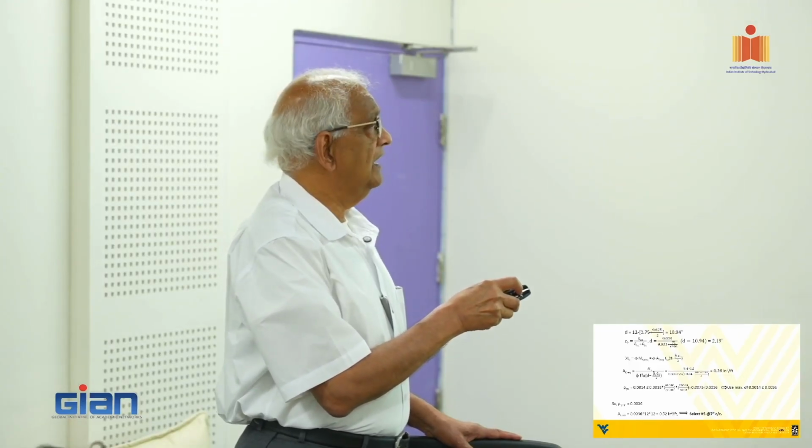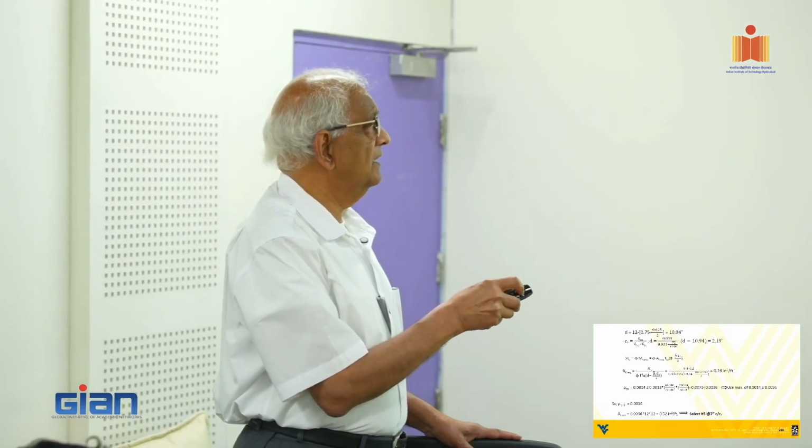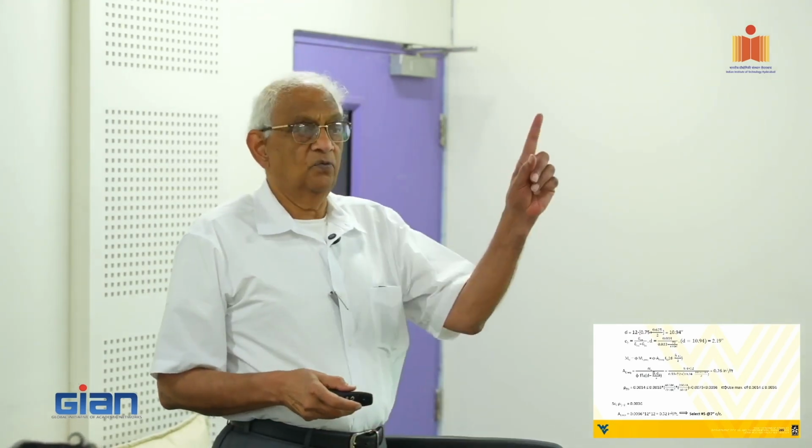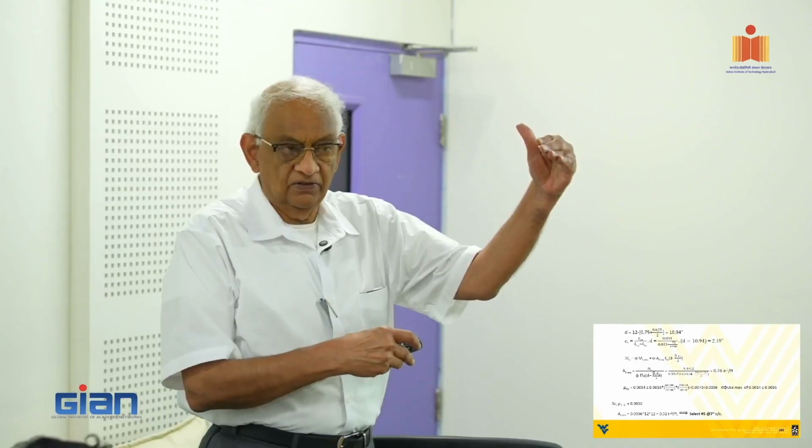So phi, if it is tension control, 0.55, then this is the amount of area required. I know my M sub U because of the previous design, at least for one check of those 5 or 6, and that is a tension control thing I know. Therefore, I am substituting all those.